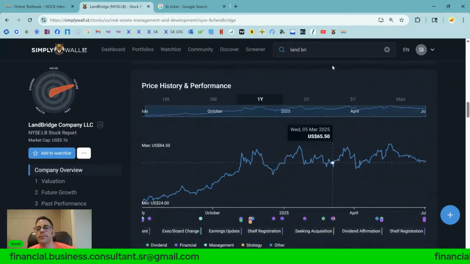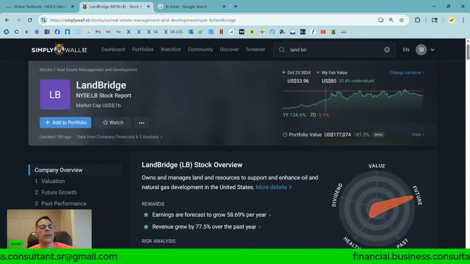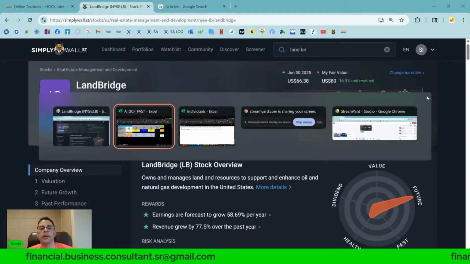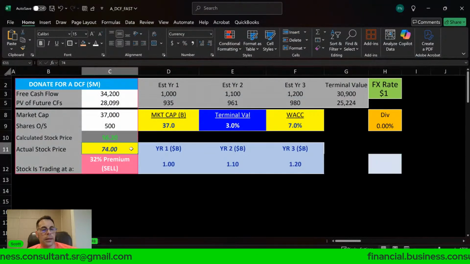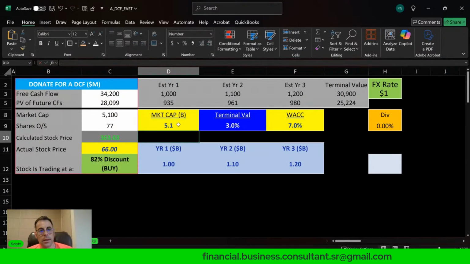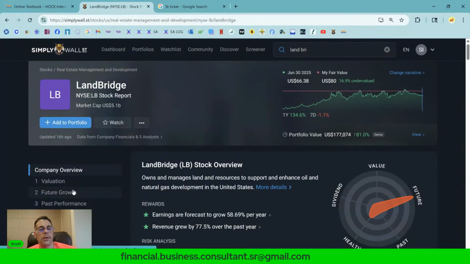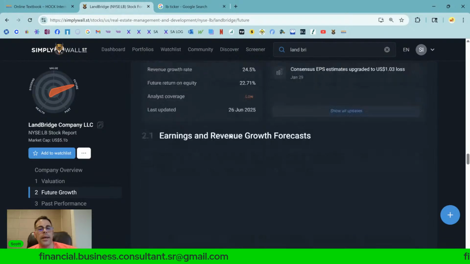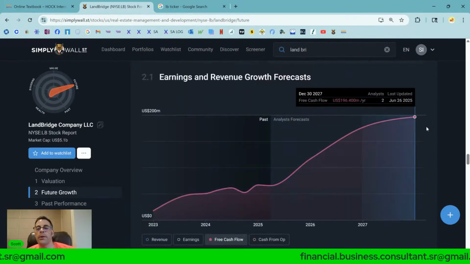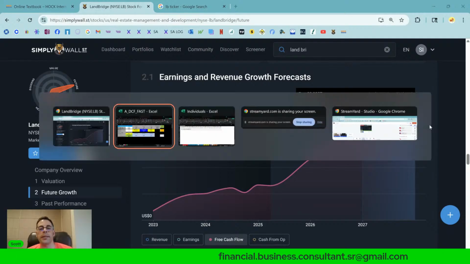Let's look at this. 5.1 billion, $66. Land's Bridge. I've heard of Land's End. Wow, big growth in the future, up to 196 million.